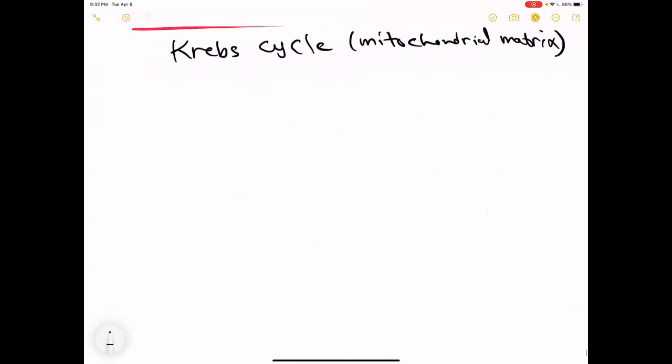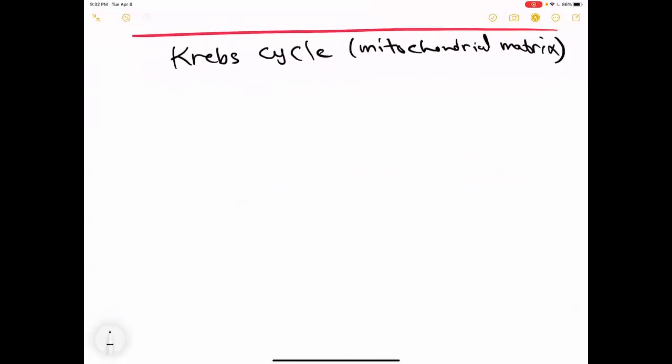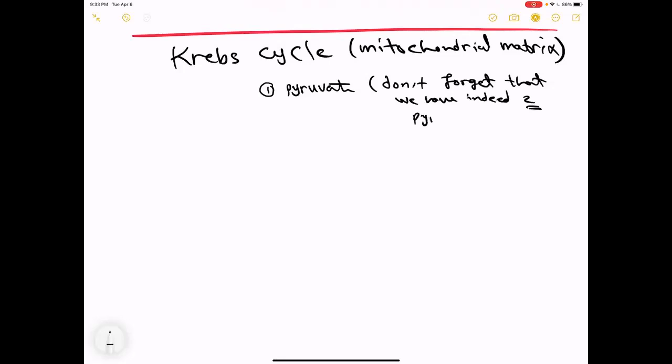So what I will do is actually trace 1 acetyl-CoA. Think of it that way again. If you look at 1 pyruvate, I have 2 pyruvate, but don't forget that we have indeed 2 pyruvate.